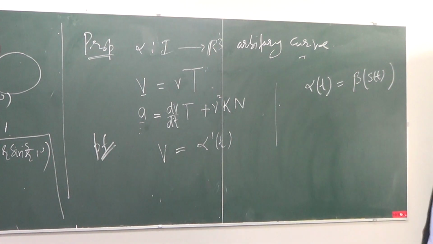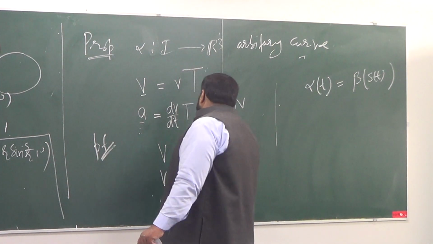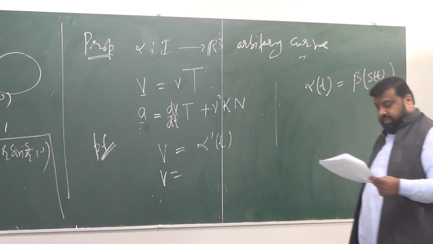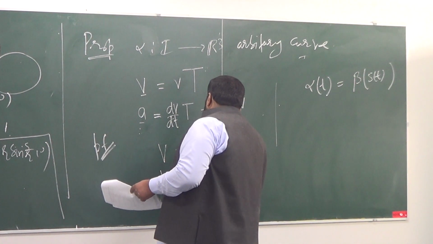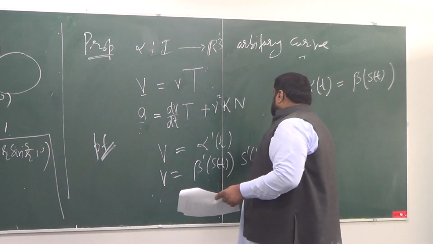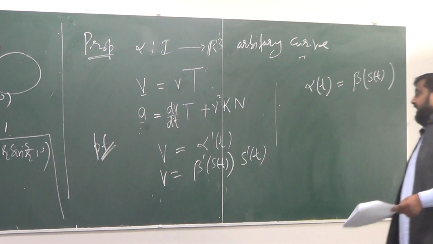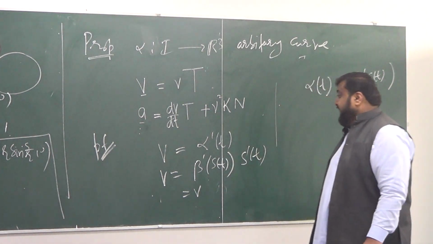And if I have this, what would be its derivative? I can compute it using the chain rule. It's going to be beta prime of s of t times s prime of t. Now s prime of t is what? The speed, small v, the magnitude of the velocity.